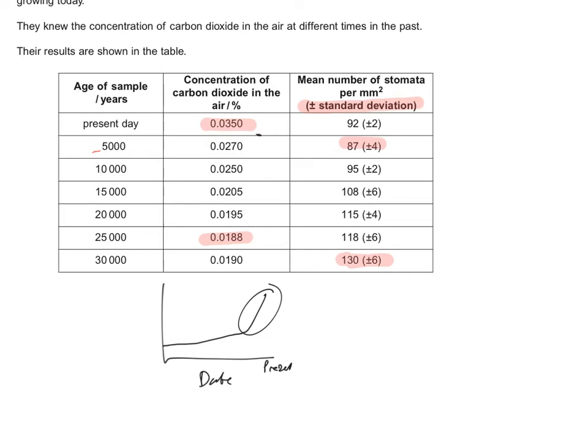Well, there's an issue here, isn't there? There's not a correlation there. I mean, overall there's a correlation, isn't there? Because generally that's increasing. However, there's issues here and here, as well. Generally, as we move towards the present day, the CO2 has generally increased and the number of stomata has generally decreased.